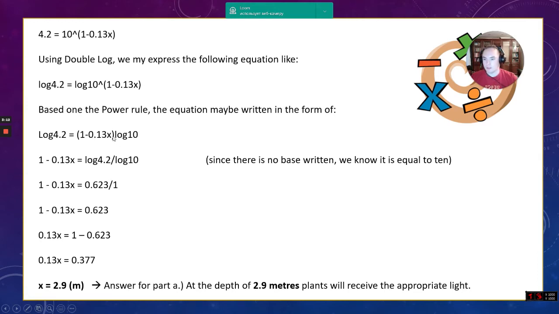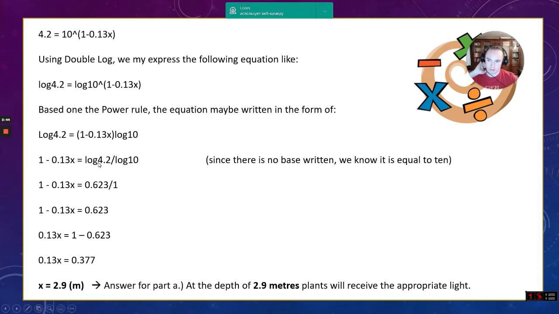I suggest we move the part with x to the left side, and move log 4.2 to the right side. So we're going to get the equation: 1 minus 0.13 multiplied by x is equal to log 4.2 divided by log 10. And since there is no base written, we know that it is equal to 10.